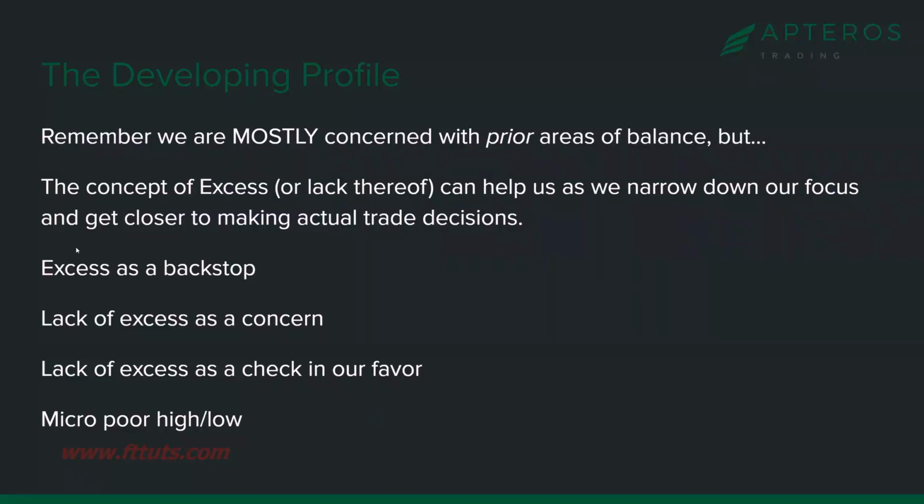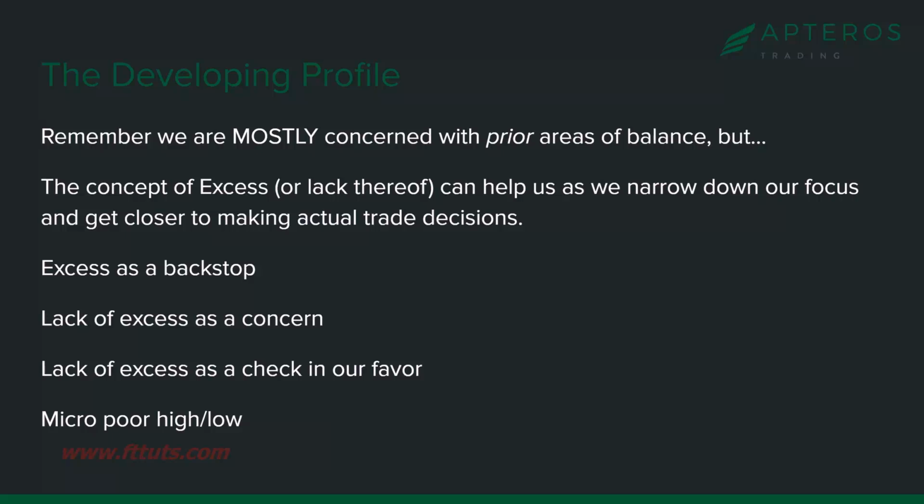Remember, we're mostly concerned with the prior areas of balance, but the concept of excess or lack thereof, hint, hint, can help us as we narrow down our focus and get closer to making actual trade decisions here, which, by the way, we haven't remotely come close to talking about yet, have we? But you're already probably thinking like, oh, trade idea. But guess what? We're still just framing context.